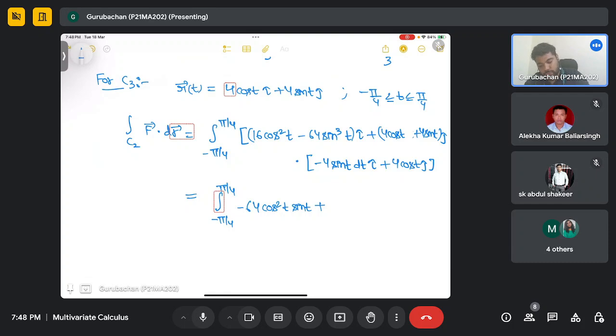So this will give you 256 sin 4t plus 16 cos square t plus 16 sin t cos t, and the whole is dt. After solving this a little, what will you get?